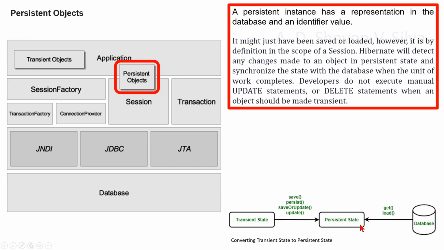Here the transient state is connected to the persistent state; save, persist, saveOrUpdate, and update methods are from the transient state to the persistent state. And here the database is connected to the persistent state. Get and load methods are from the database to the persistent state.